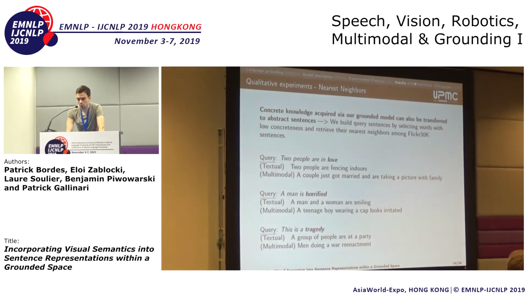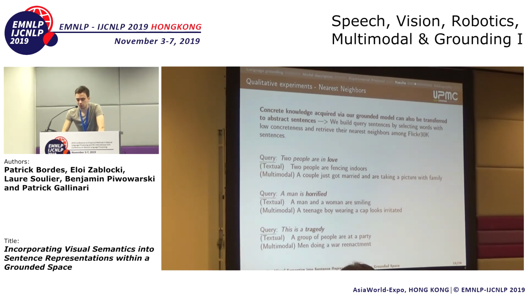Now, another question: what happens for sentences which are less concrete? So we built artificially abstract sentences using abstract words, such as love, horrified, tragedy, and we looked at the nearest neighbors given by the textual model and our multimodal model.